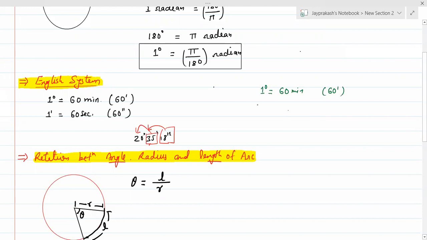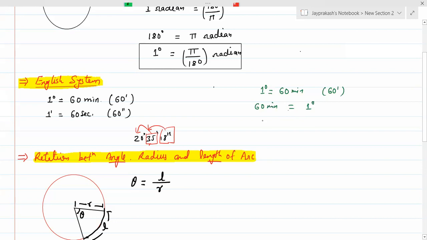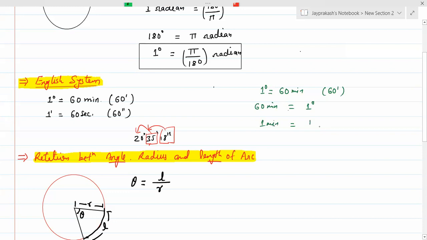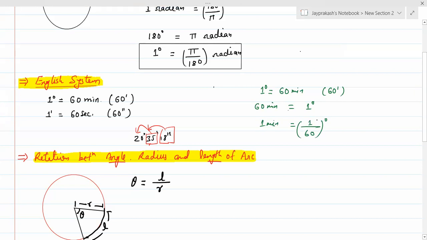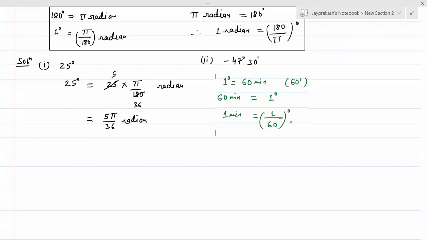So if 60 minutes is equal to 1 degree, then 1 minute is equal to 1 by 60 degree. So now this concept can be used in question number 2. This is the relation between minute and degree. That means 1 minute is equal to 1 by 60 degree.